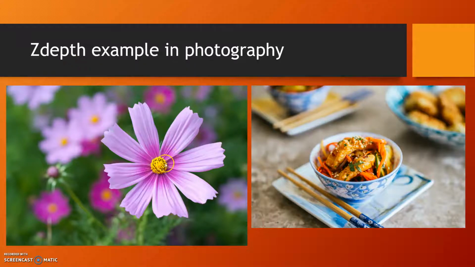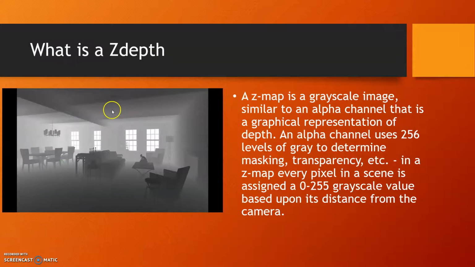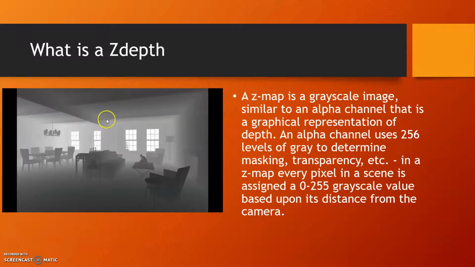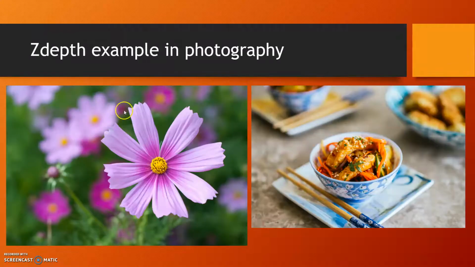This flower is in front of that flower, so this flower is at the back. We use the Zdepth, or this grayscale image, to help the audience focus here and make the rest of the flowers blurry. So we use this Zdepth to help the audience focus on which part of the object needs to be in focus, in this case this right flower. That's the purpose of having a Zdepth in your picture.